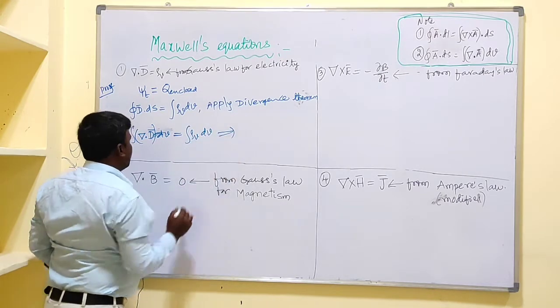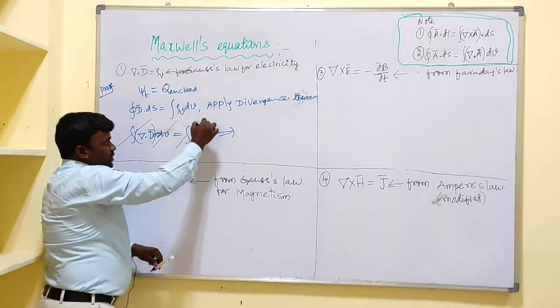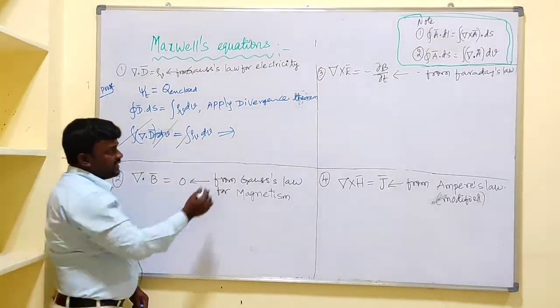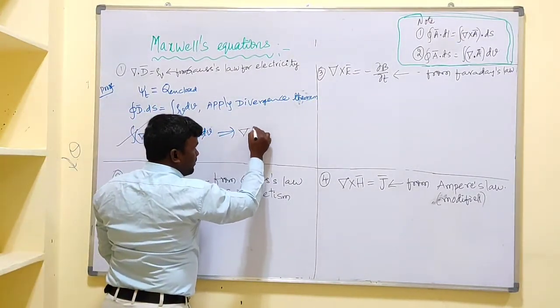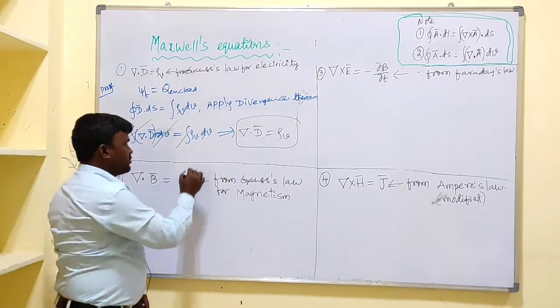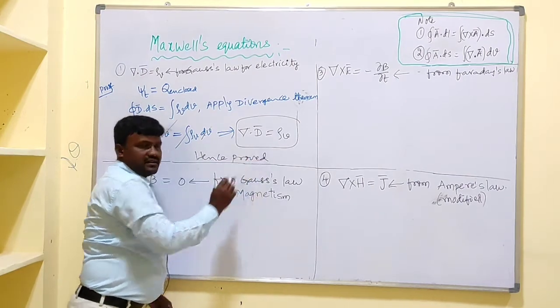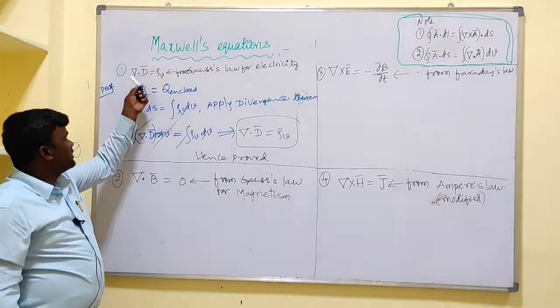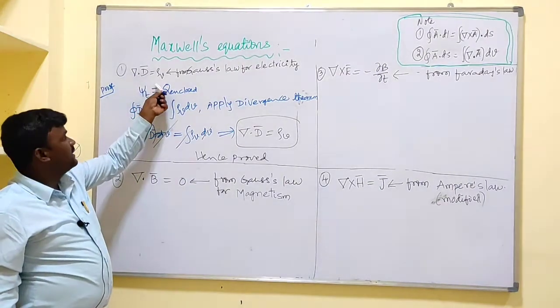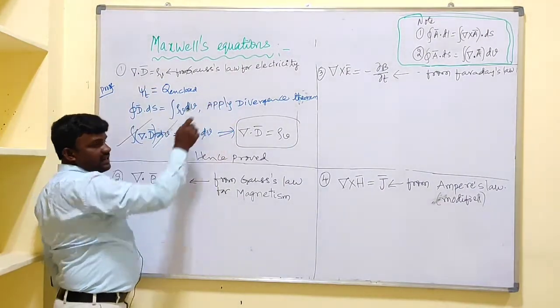This implies that the volume integrals are equal, so the integrands should be equal. The integrands give del dot D bar is equal to rho v. Hence proved. Clear? So this is the proof of Maxwell's first equation, del dot D equal to rho v, by using Gauss law for electricity.